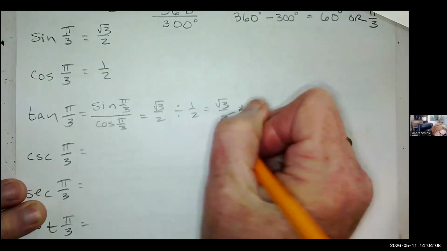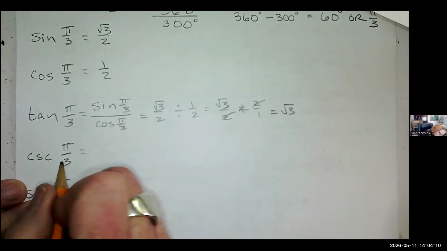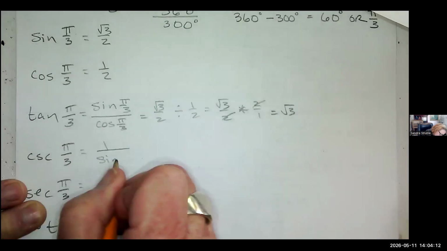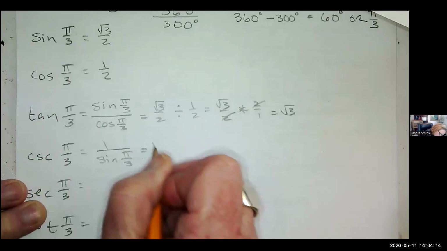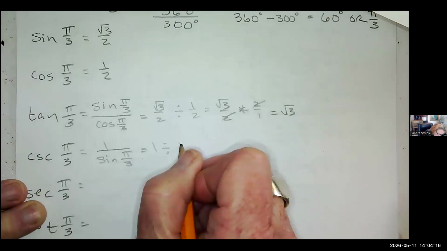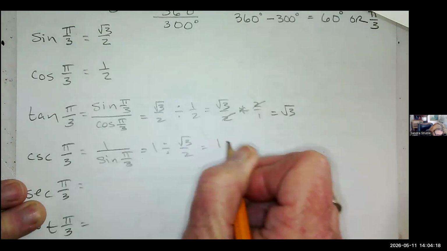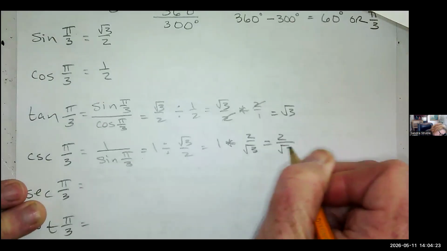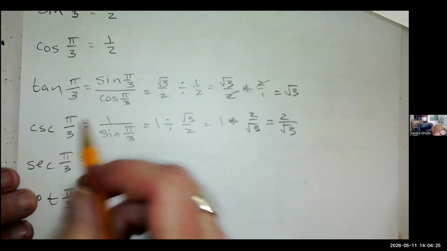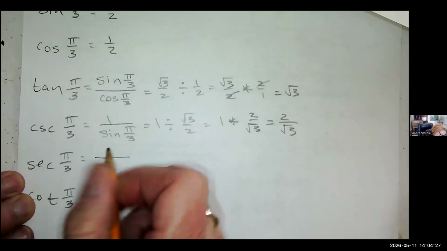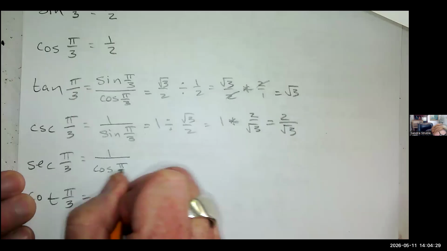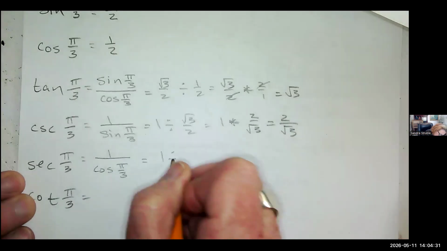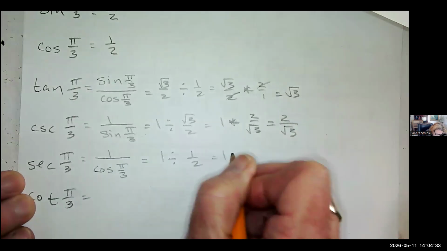Cosecant is 1 over sine. Keep, switch, reciprocal. I'll rationalize later. Secant is 1 over cosine. Keep, switch, reciprocal.